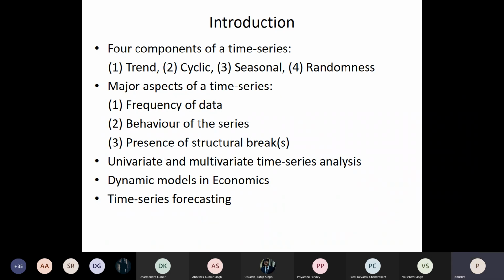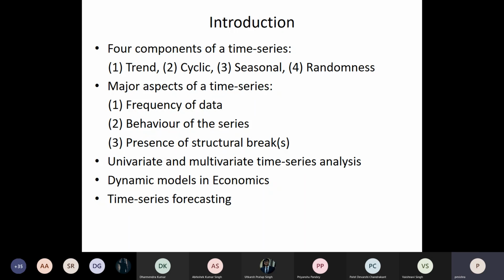And the other one, as I said, it may be autoregressive, like Yt as a function of Yt minus 1, or say Yt minus 2, or say Yt minus k. So dynamic models may be autoregressive when we are writing Yt as a function of Yt minus 1, Yt minus 2, Yt minus k. And it may be distributed lag models like Yt as a function of Xt minus 1, Xt minus 2, up to Xt minus k.